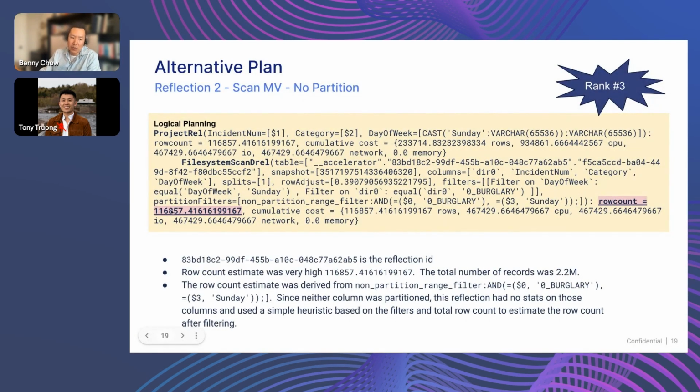This row count estimate comes from knowing the total number of rows in the table, which we have, and then we further reduce it using rules, like, okay, I've got a category filter equals burglary, and another one for day of week equals Sunday. So we further reduce the count, but it's not going to be as accurate as the first two plans where we actually had the partition stats, right?